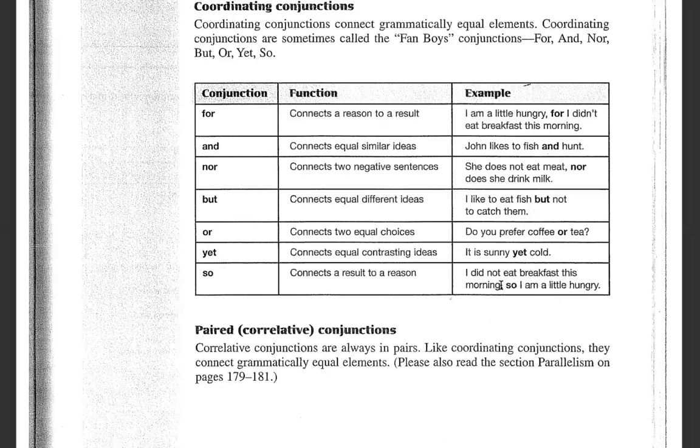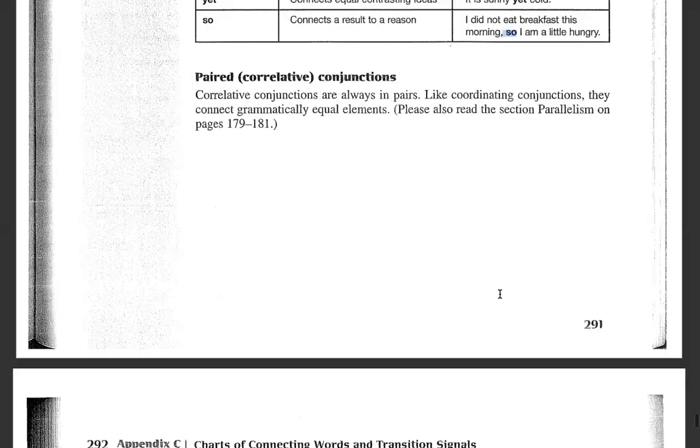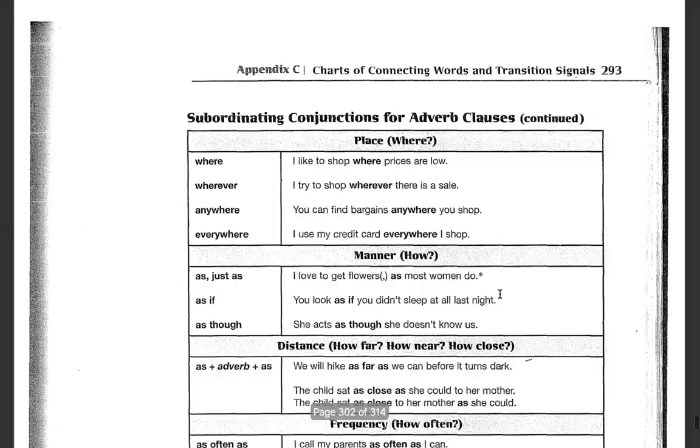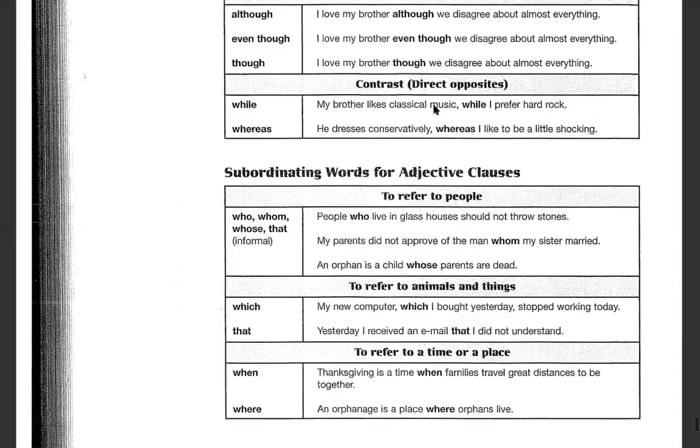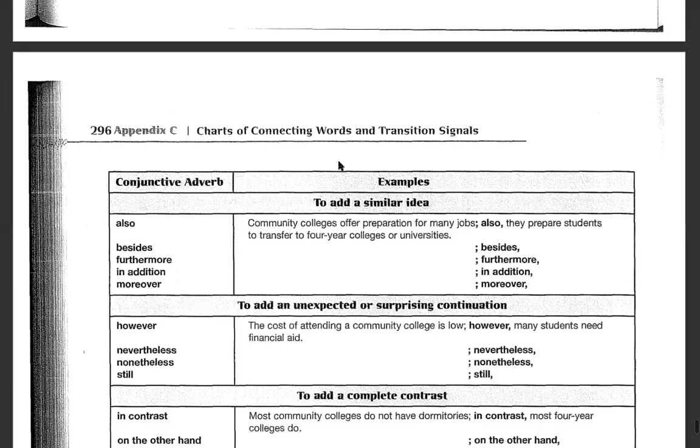I put so in the middle with a comma. Here also, we have some subordinators, and some conjunctive adverbs. For example, if I want to say and, I can say also, besides or furthermore. Read these examples very well and try to imitate them.